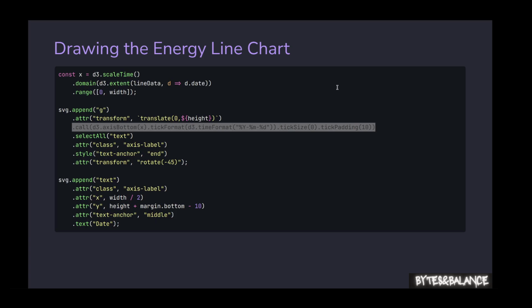This sets the length of the ticks, the small lines extending from the axis, to 0, effectively removing the tick lines so only the labels will be displayed. And then the other one is tickPadding 10, which sets the padding between the tick labels and the axis line to 10 pixels, ensuring the labels are not too close to the axis.